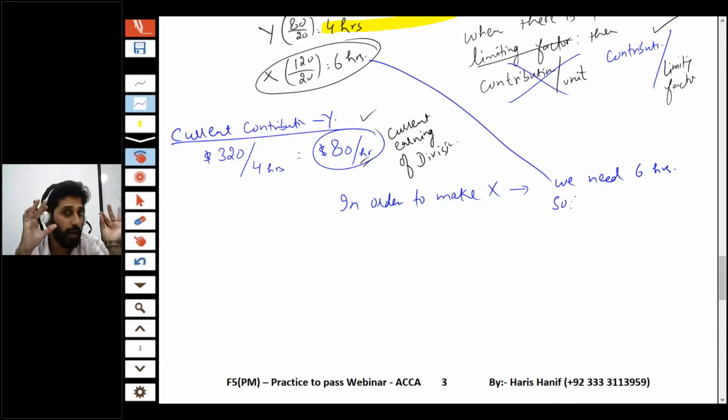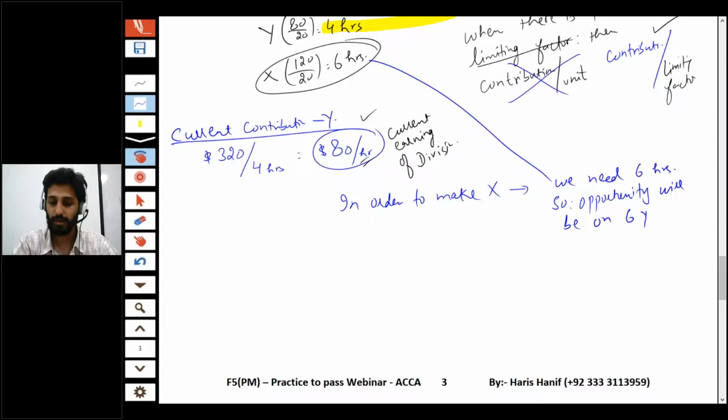So if you are earning $80 in 1 hour, to produce product X you have to sacrifice 6 hours. So the opportunity cost will be on 6 hours.